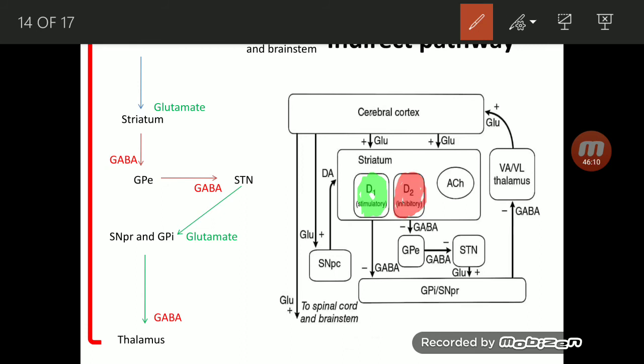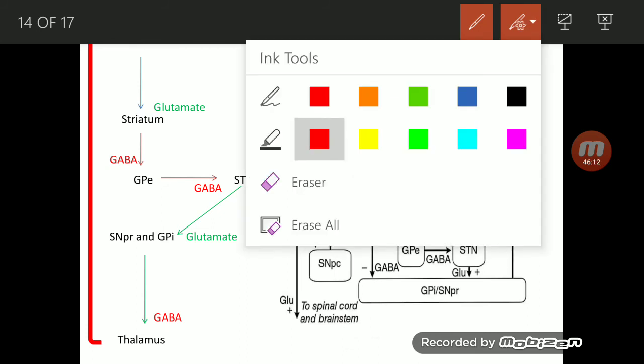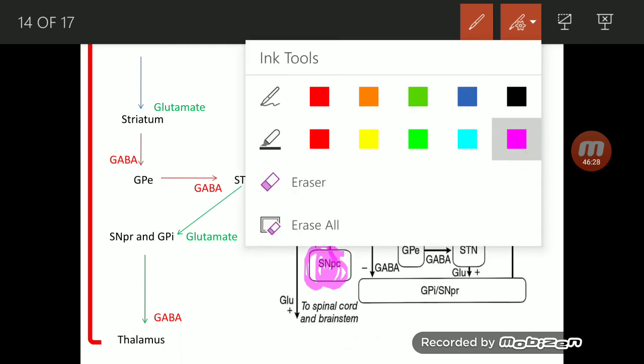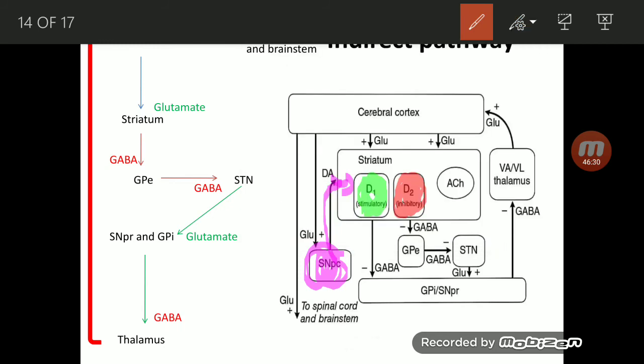So in order to clarify this, there is your substantia nigra pars compacta. From this area, there is a dopaminergic neuron which comes and terminates in your striatum. In your striatum, this neuron releases dopamine.